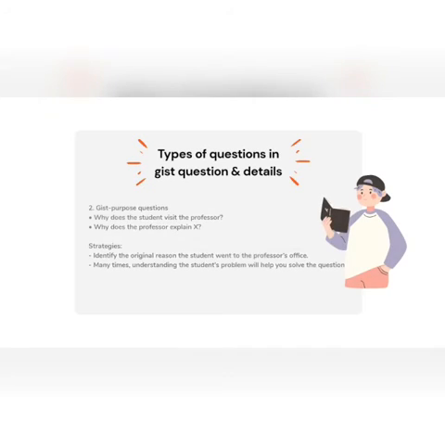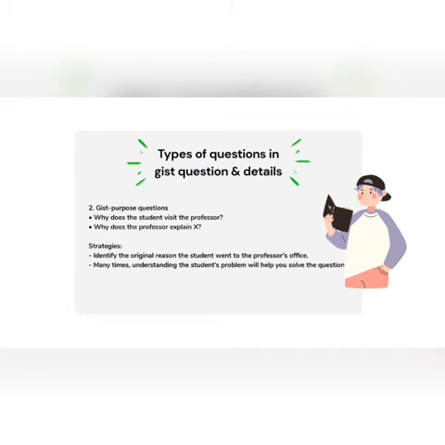The second type is the gist purpose questions. They are most likely to occur in conversations rather than in lectures. So you may find questions such as, why does the student visit the professor? Or why does the professor explain X?